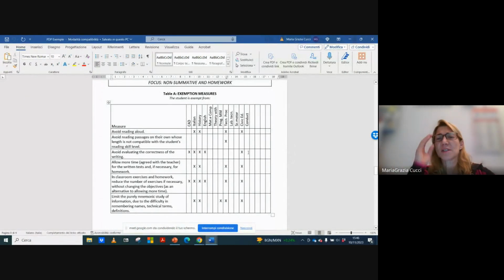All these subjects use text writing in order to check the acquisition of skills of the students. You can use writing, of course, but you avoid the evaluation of correctness. You consider that the correctness is not due.